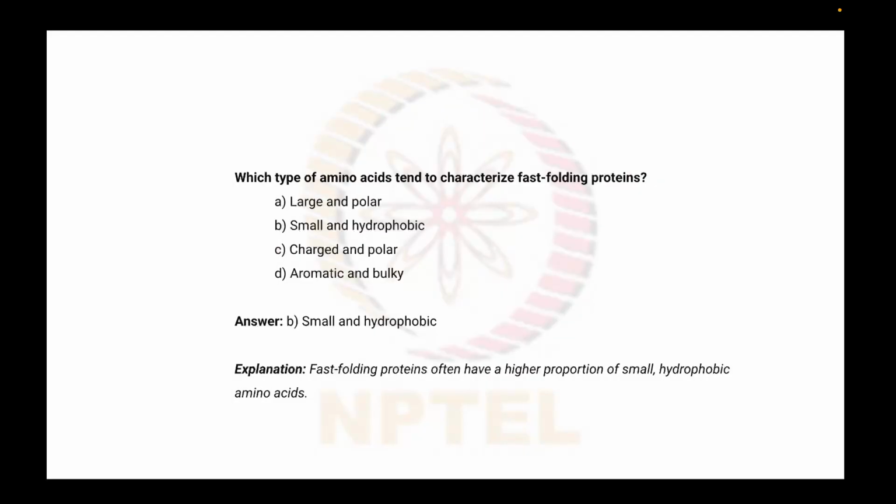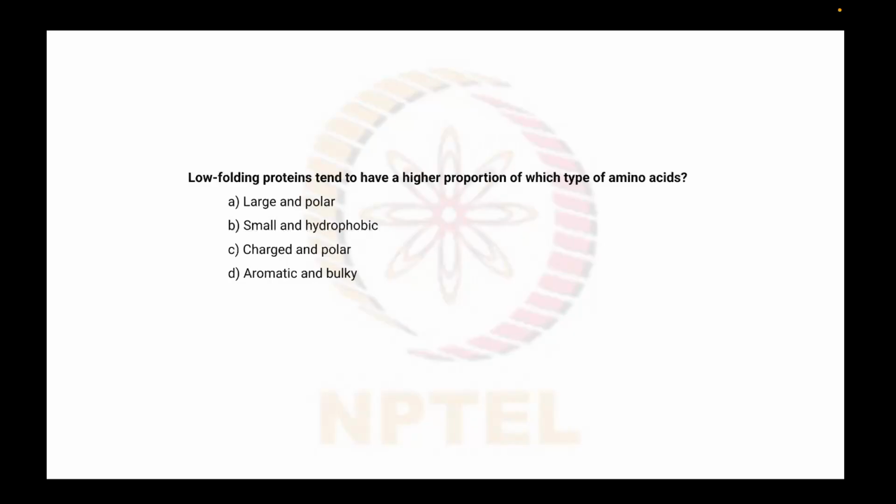Fast-folding proteins often tend to have a higher proportion of small and hydrophobic amino acids. The slow-folding proteins tend to have a higher proportion of which of these amino acids: large polars, small and hydrophobic, charged or polars, or aromatic and bulky?